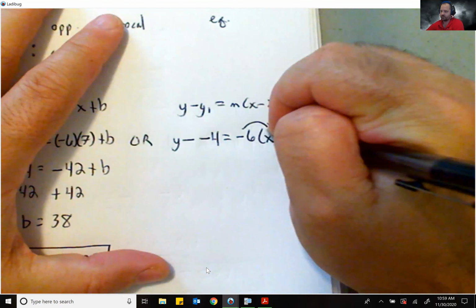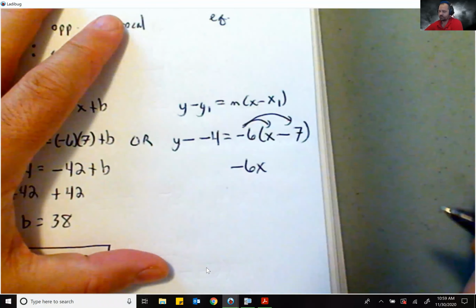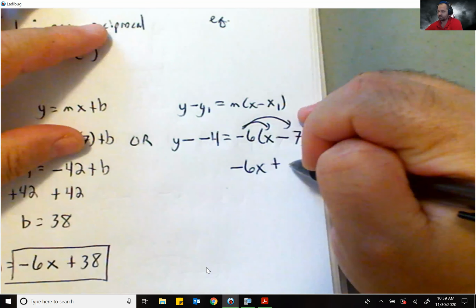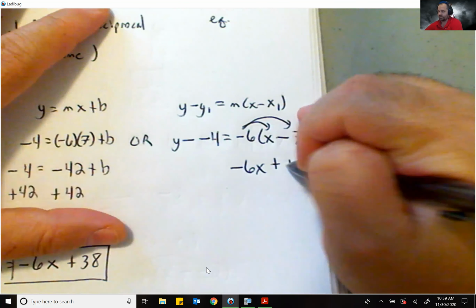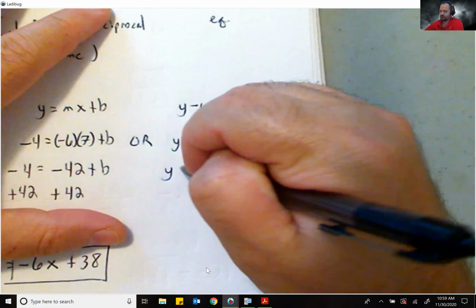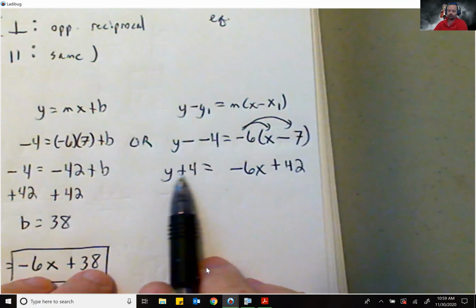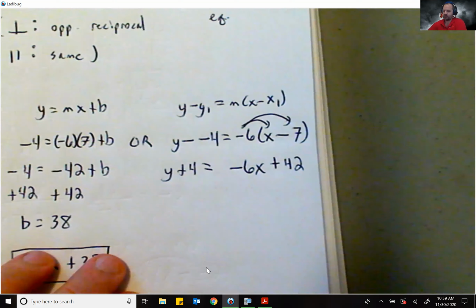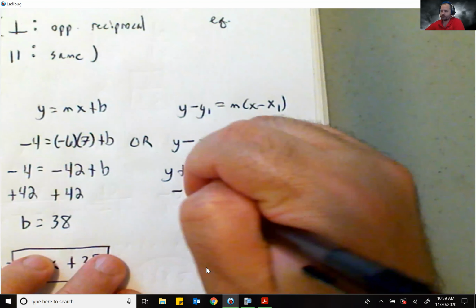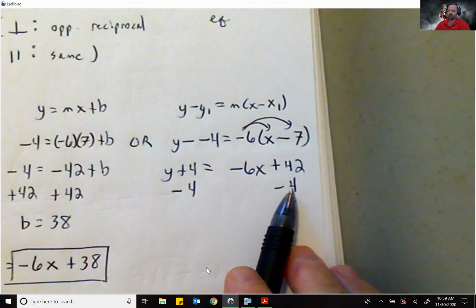So -6x plus 42. Over here, that becomes y plus 4. And then just subtract 4. And now you're right back at the same answer.